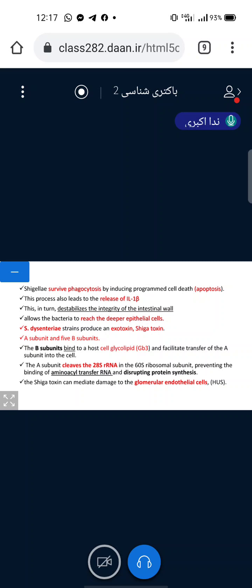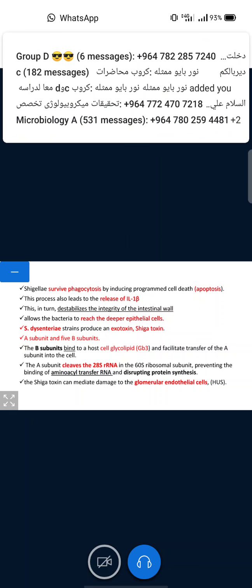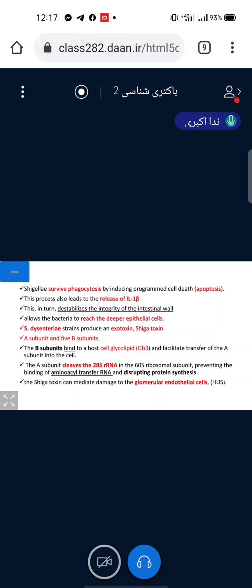Shigella dysenteriae produces an exotoxin. Besides the other factors, Shigella dysenteriae produces an exotoxin called Shiga toxin. This is similar to Shiga toxin produced by enterohemorrhagic E. coli.